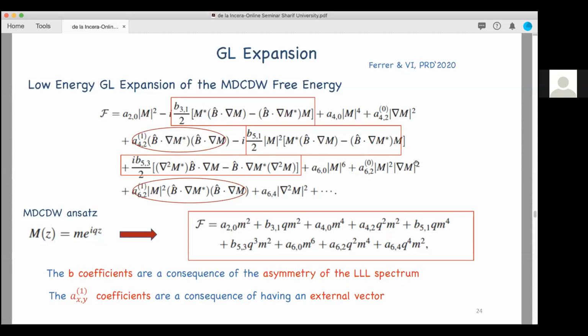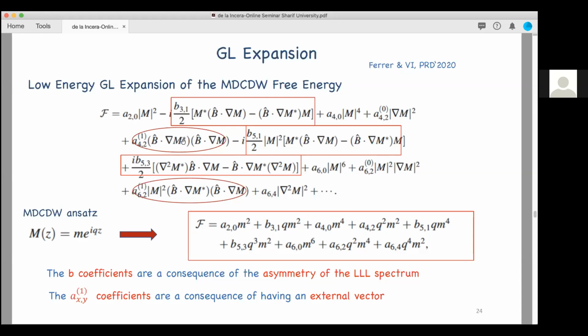So A420, we distinguish them because, as you can see, this term has a gradient, but the structure does not contain the magnetic field. So normally, without a magnetic field, the A42 with a 1 superindex, those terms would not be present. But they are present and they are distinguishable from here.